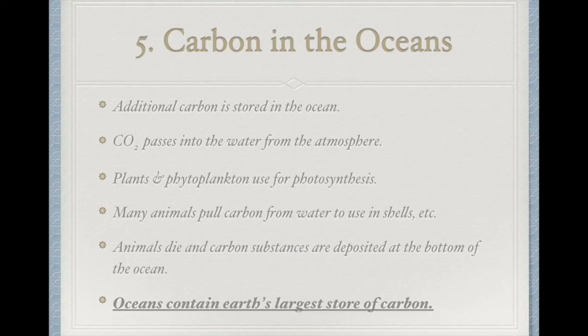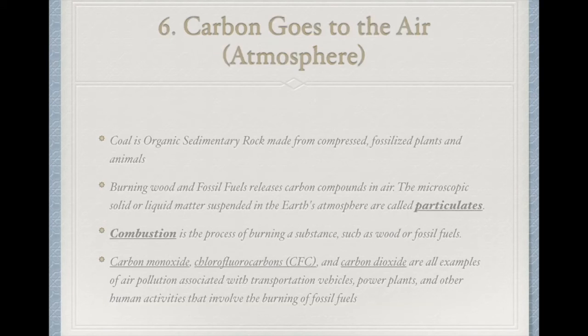Basically, carbon can very easily be passed through the water, into the water from the atmosphere. Plants and plankton will use this for photosynthesis, and so there we have a continual cycling or recycling of the carbon.